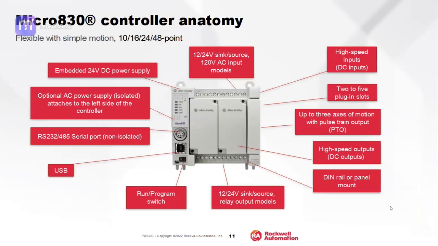Next will be the 830 controller. The 830 controller comes with a USB port and a serial port. The USB port is for programming, the serial port is for communication with an HMI, and it comes with a run program switch.